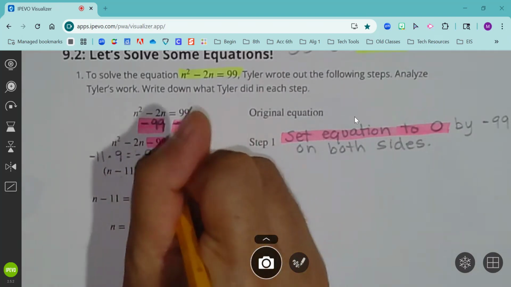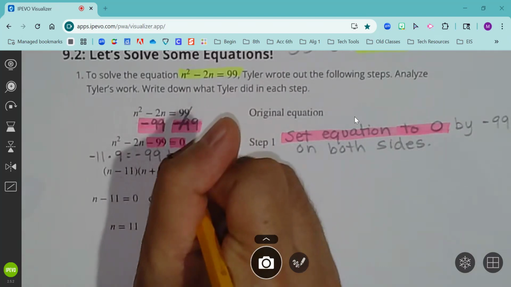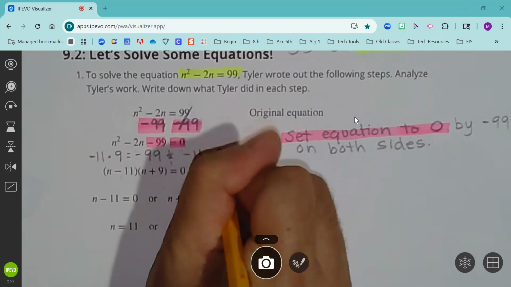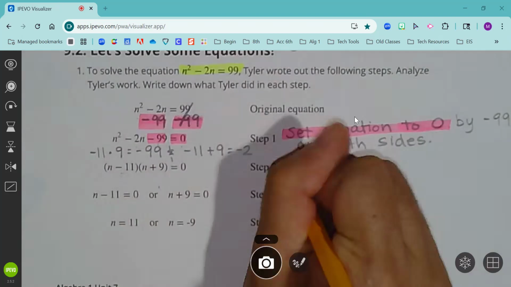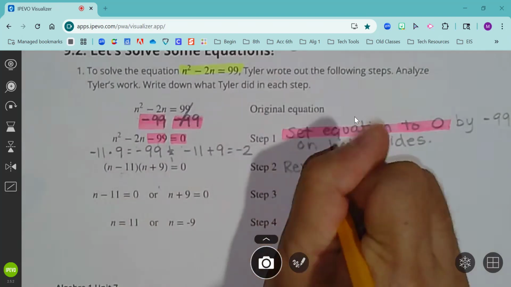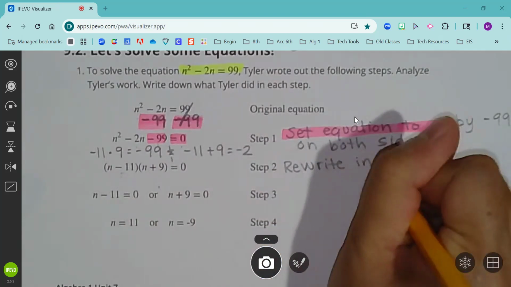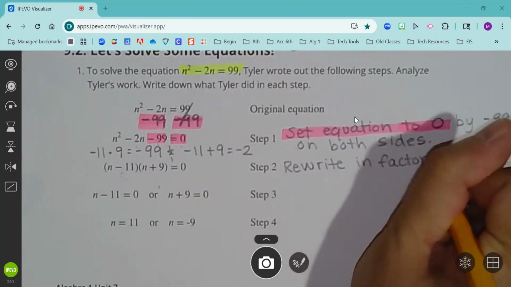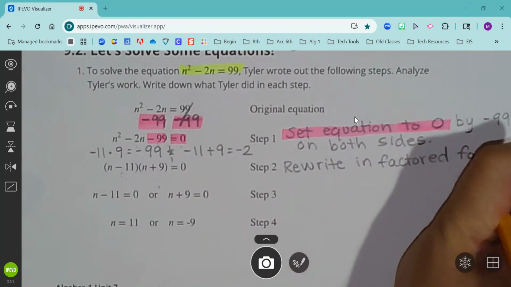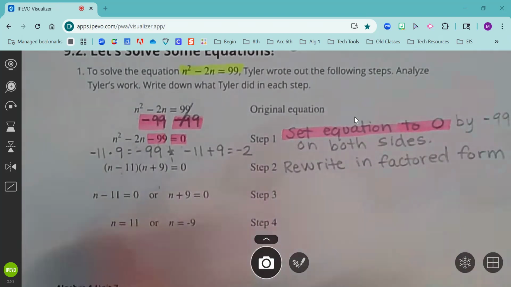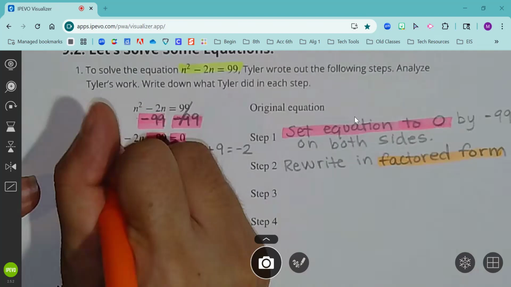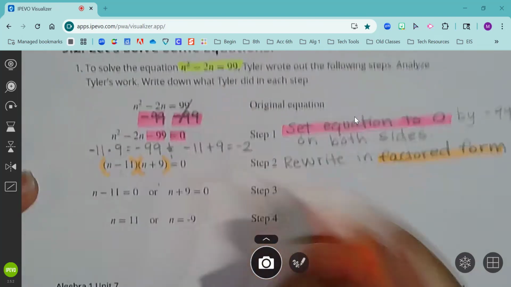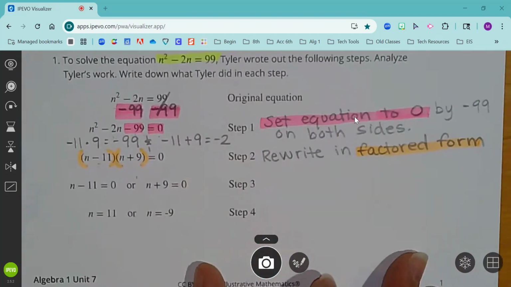And then we also have -11 plus 9 equals -2. Okay, so what they did next is they rewrote in factored form. So we're rewriting this in factored form.